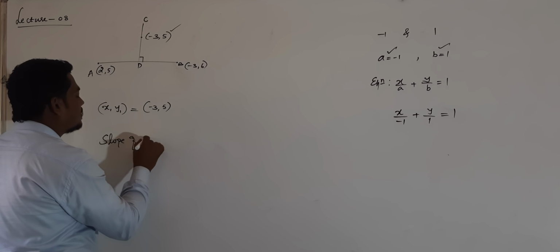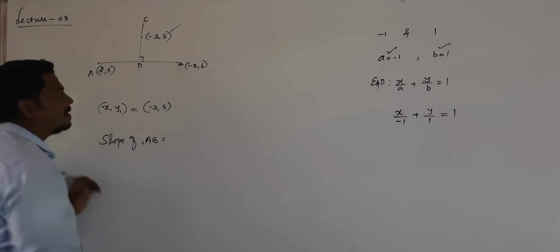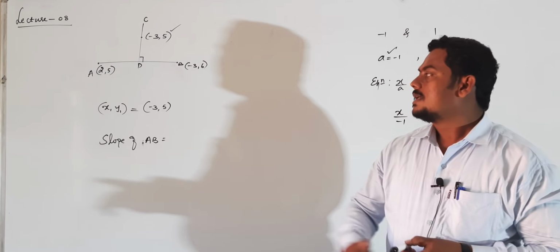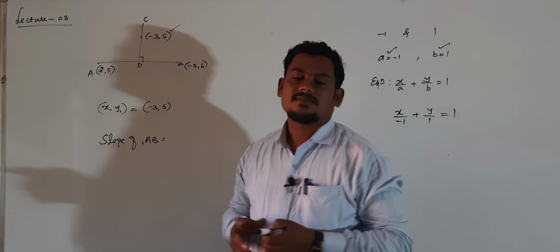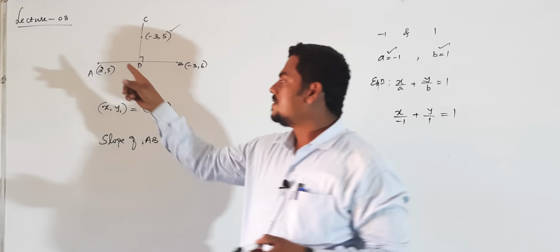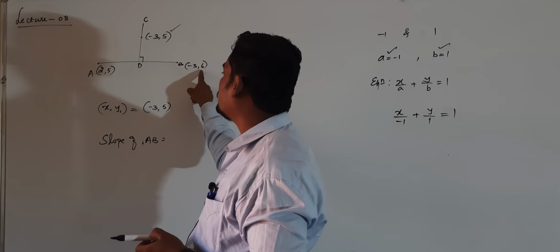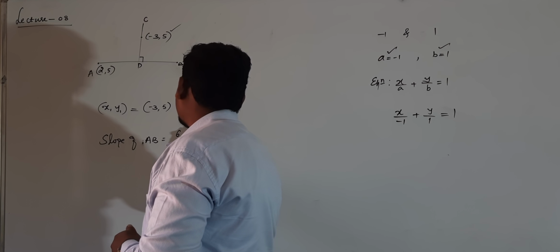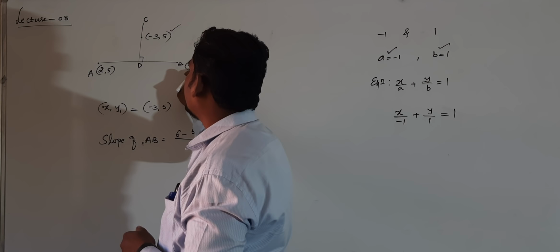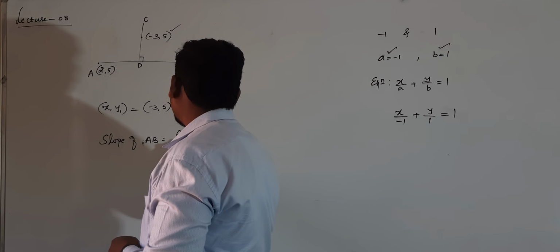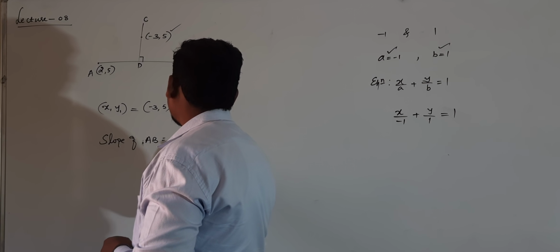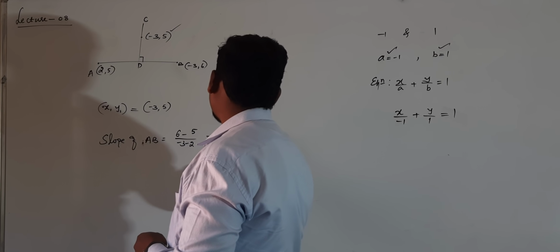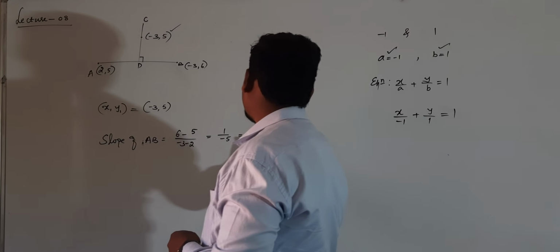Tell me what is slope of AB? Just by using 2-point formula, slope of AB is equal to y2 minus y1, that is 6 minus 5, divided by x2 minus x1, minus 3 minus 2, that's equal to 1 divided by minus 5, means minus 1 divided by 5.